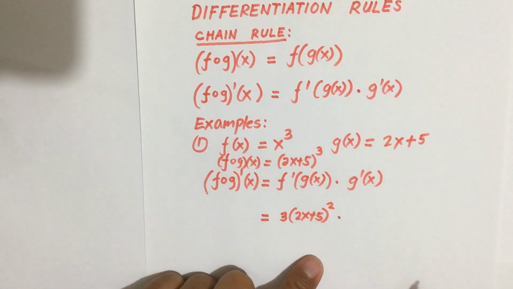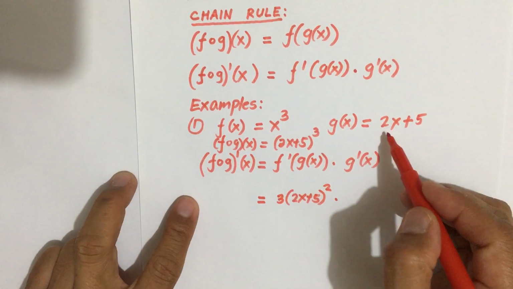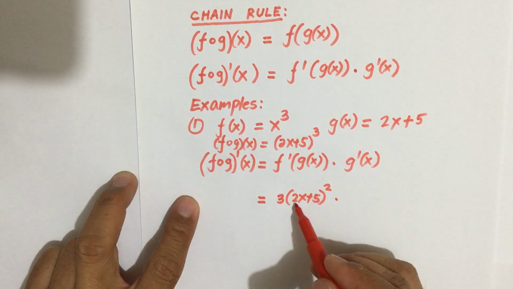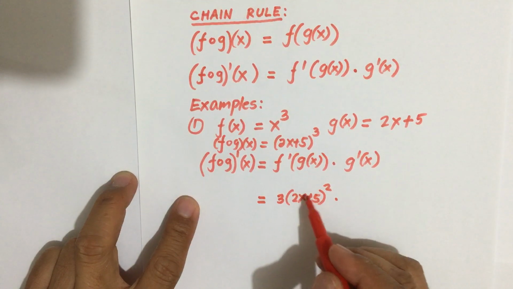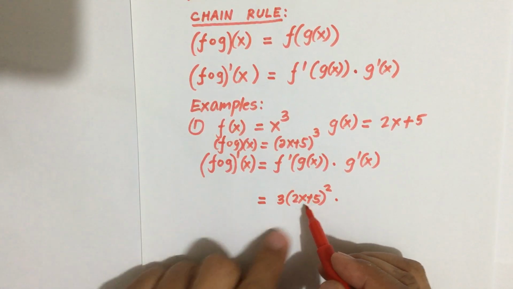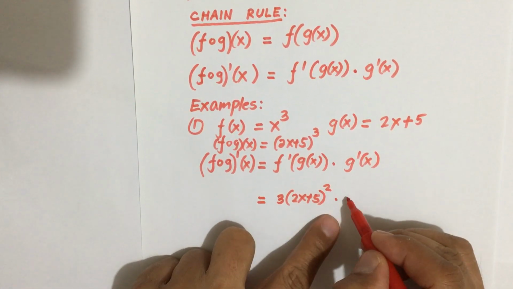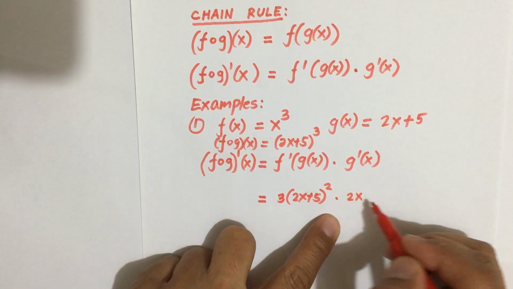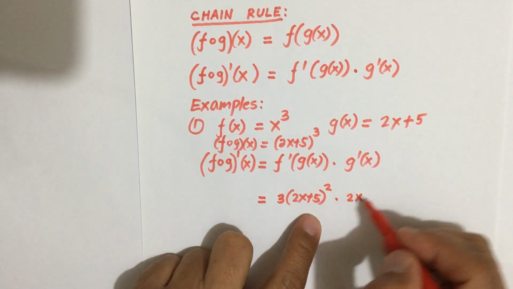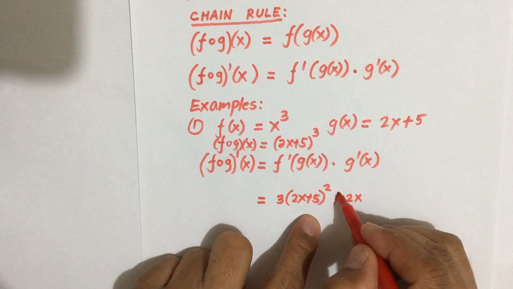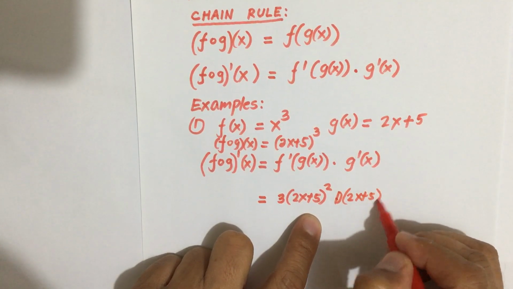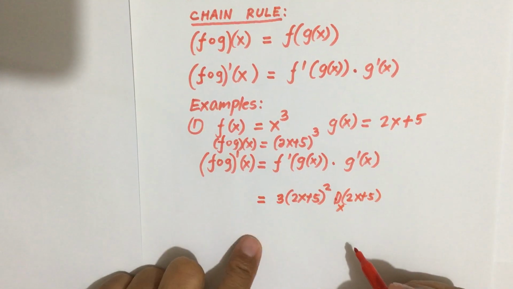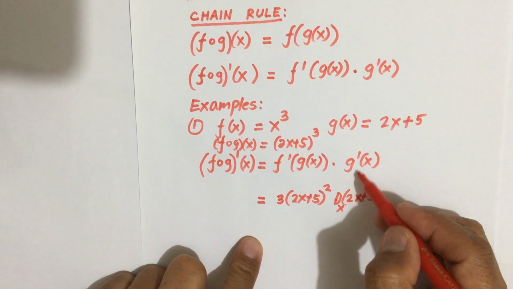Then times the derivative of g(x), which is the derivative of 2x + 5 with respect to x. That is what is meant by this.